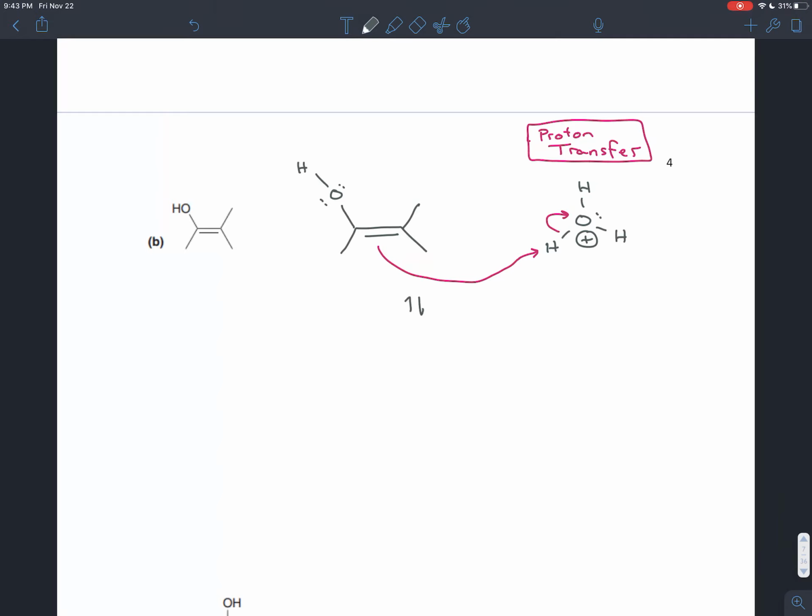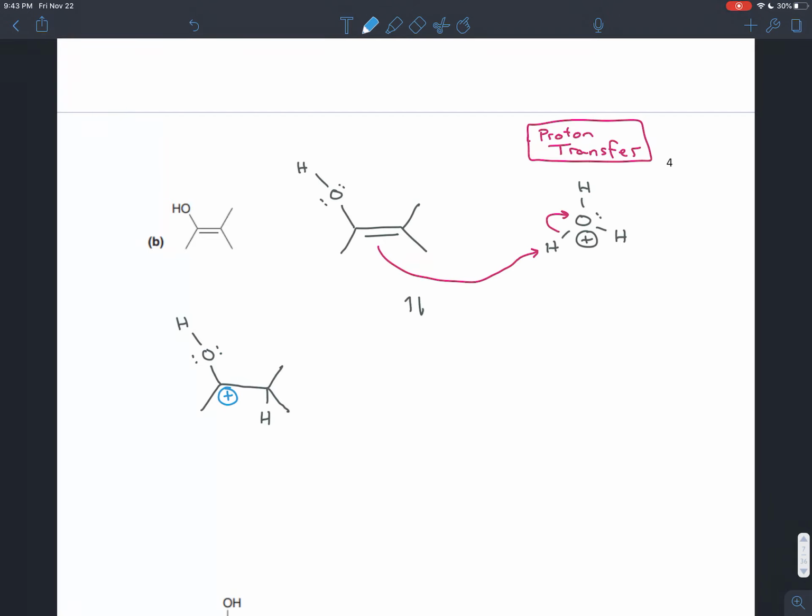And what you get after that first step is that the hydrogen here would go on the carbon next to the carbon that has the oxygen on it. And you'll form this positive charge next to the oxygen.